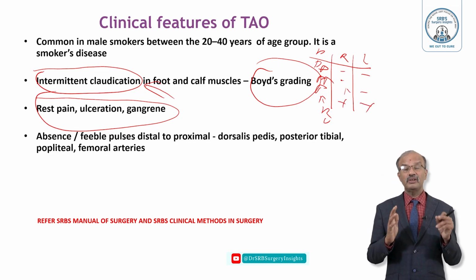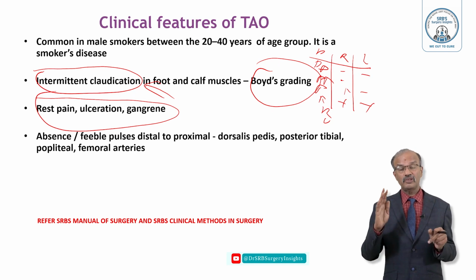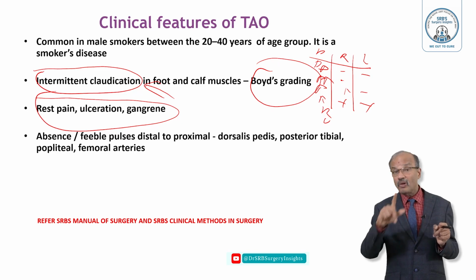And always you have to remember where to palpate all these arteries. Dorsalis pedis over the navicular bone, posterior tibial behind the medial malleolus over the calcaneum, and popliteal over the posterior portion of the tibia, and femoral artery at the mid-inguinal point, between the pubic symphysis and the anterior superior iliac spine, over the neck of the femur, not the head of the femur.